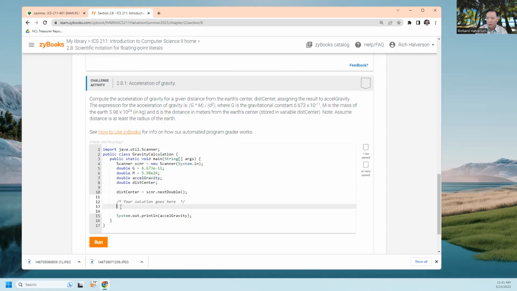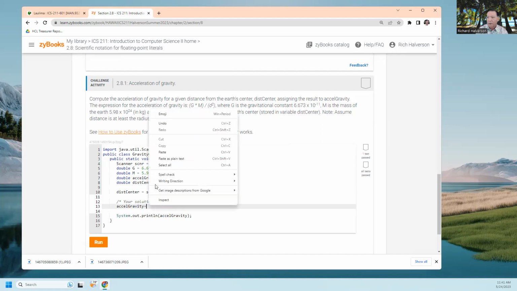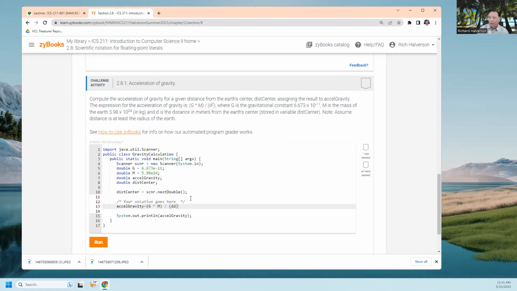Control V, paste. The acceleration of gravity is this. Copy this, and I put equal, paste. G is G, so I can just leave that the way it is. I multiply, that's a multiply.